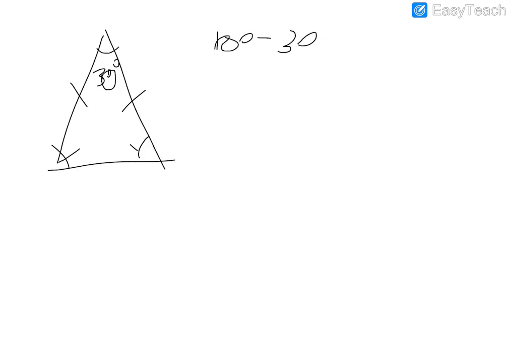Next, isosceles triangles. If these two sides are equal, that means these two angles are also equal, which means if you know this angle, say it's 30 degrees, and the sum of all angles is 180 degrees, then 180 minus 30 is 150, which means each of these angles has to be 75 degrees.